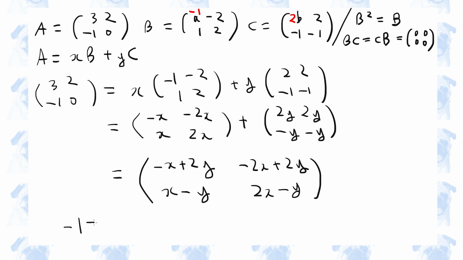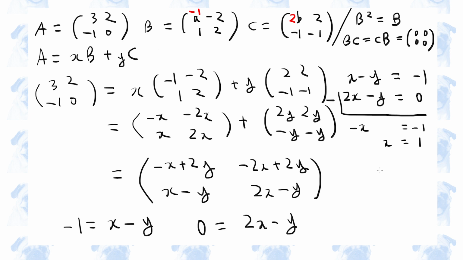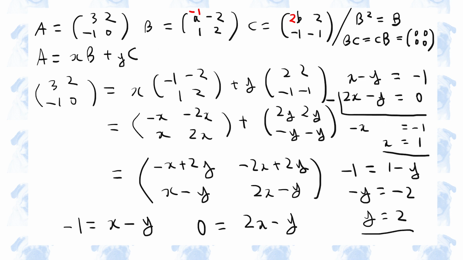Therefore, minus 1 is equal to x minus y, and 0 is equal to 2x minus y. And let's solve these equations simultaneously. So x is 1. Let's substitute this value of x into the first equation. So x is 1 and y is 2.